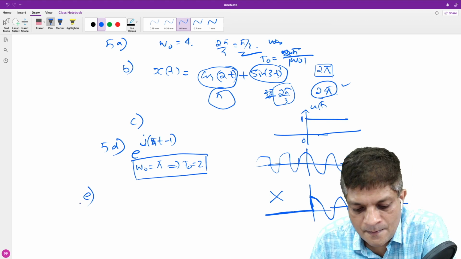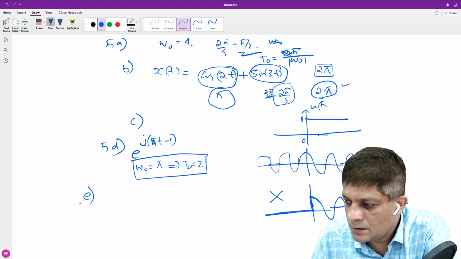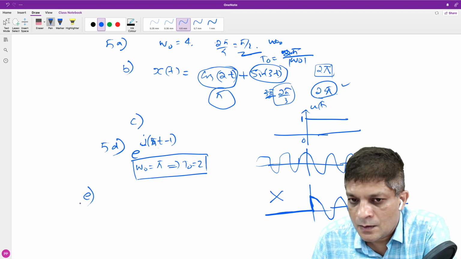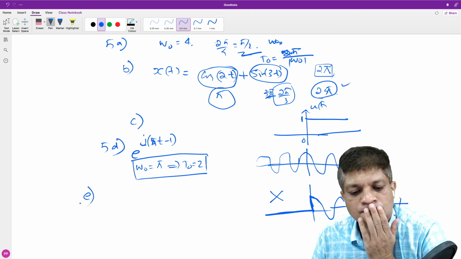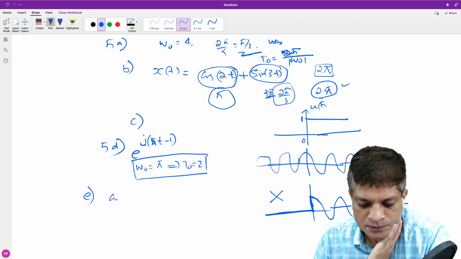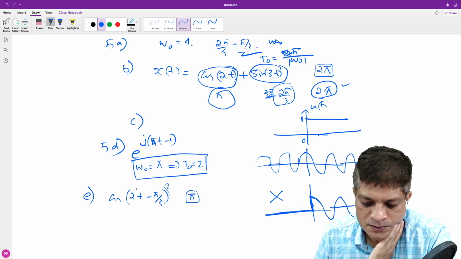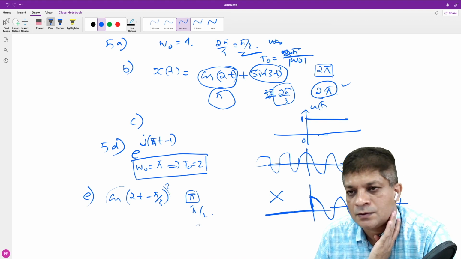Yes, it's periodic. What is the period? It is pi by 2, because cos 2t minus pi by 3 has a period pi, and if you take the square, it will be pi by 2, isn't it?